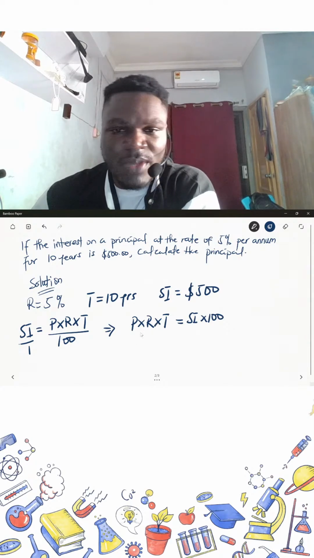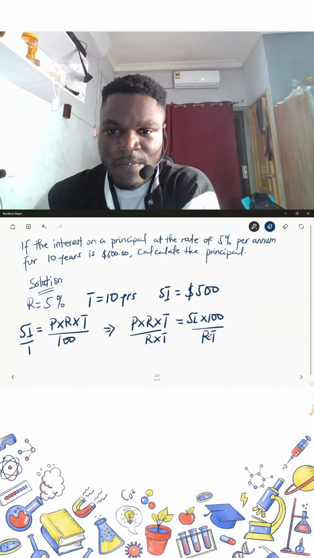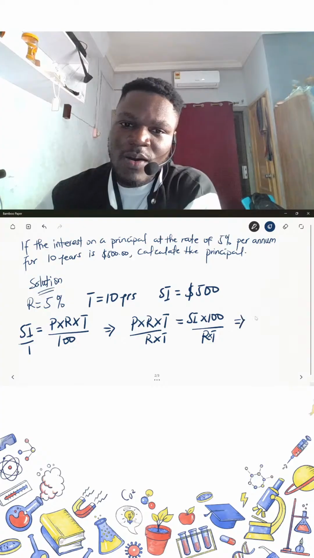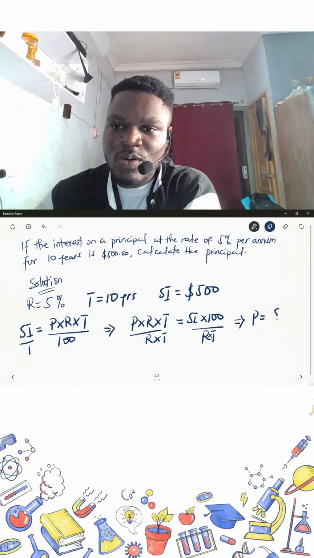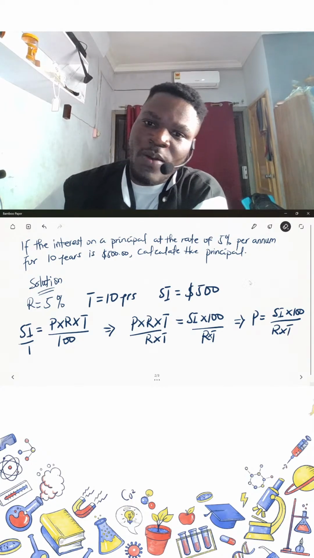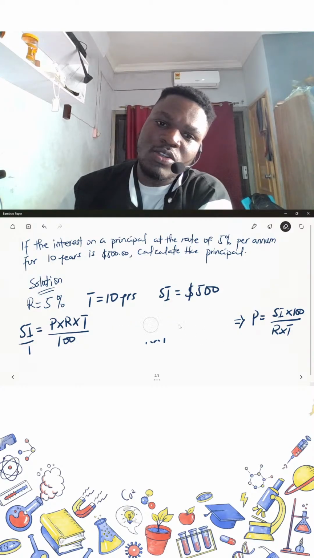Therefore, if I divide both sides by the rate and the time, my formula is: principal is equal to the simple interest multiplied by 100 all over the rate multiplied by the time.